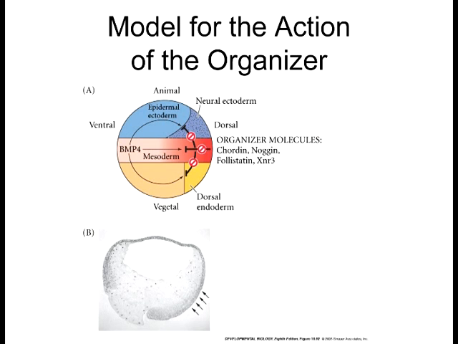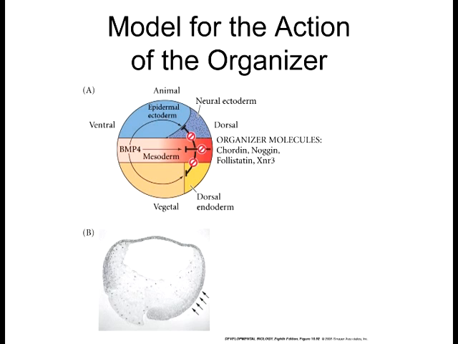Where the organizer is, you have blocking of BMPs. So over here, you get this grading of BMPs, but where the organizer is, it actually blocks bone morphogenetic proteins. That's one of the things that it does: it prevents BMPs from being expressed in these other regions right here. So here, the organizer is going to block the BMPs. BMPs are going to be found all throughout the ventral region here.